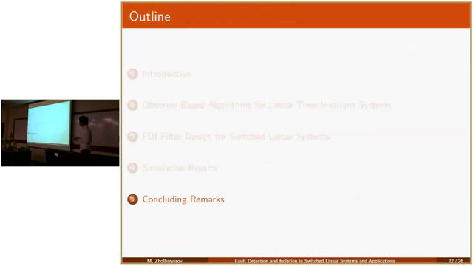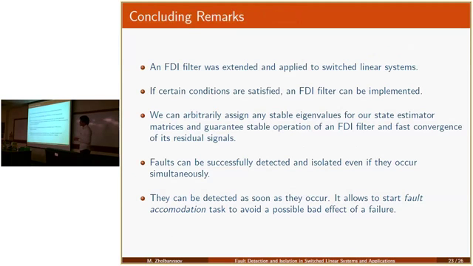And in conclusion, I would like to restate the main results. An FDI filter was extended and applied to switched linear systems. And if a certain condition is satisfied, then we can implement our FDI filter. We can arbitrarily assign any stable eigenvalues for our state estimator matrices and guarantee the stable operation of the filter and fast convergence.